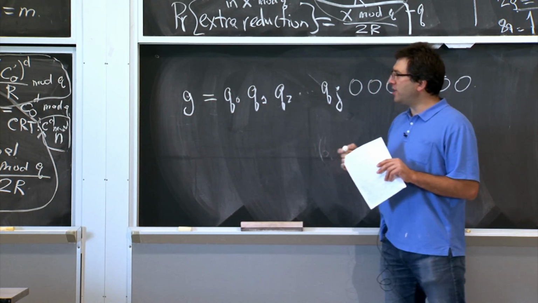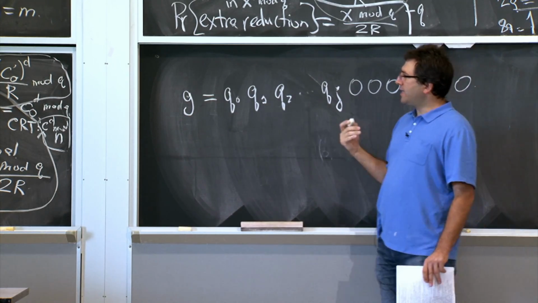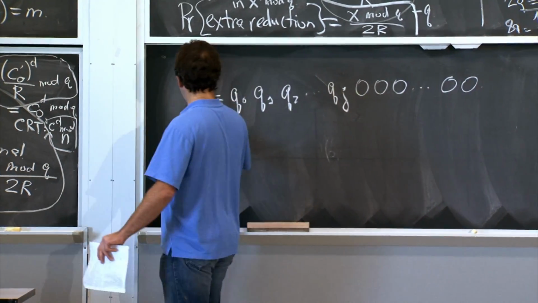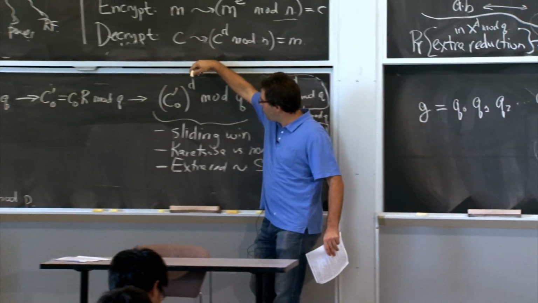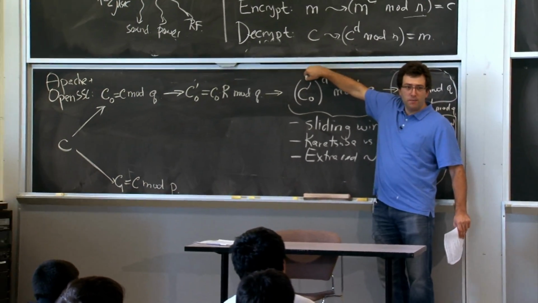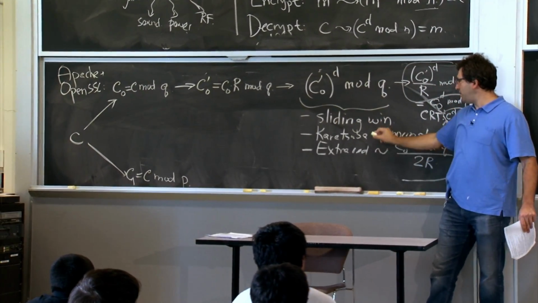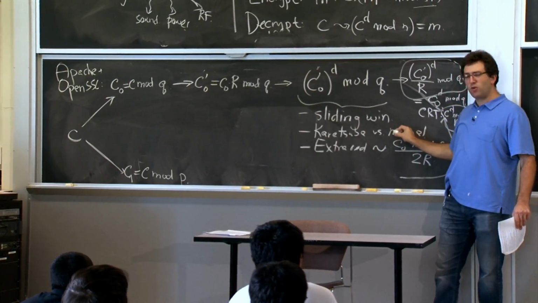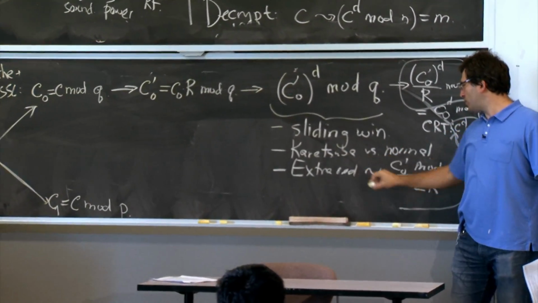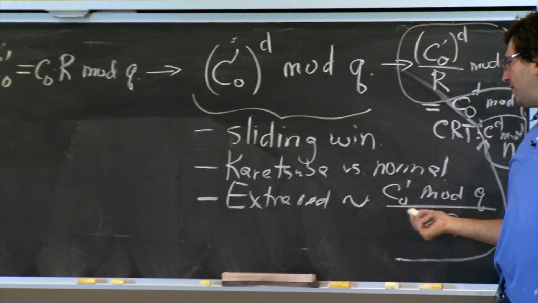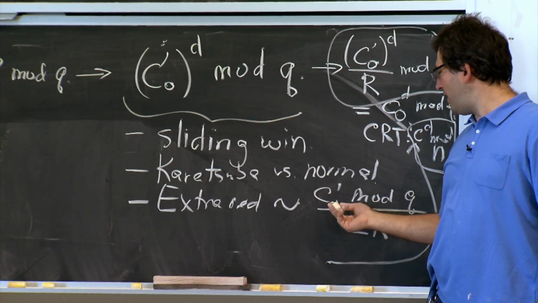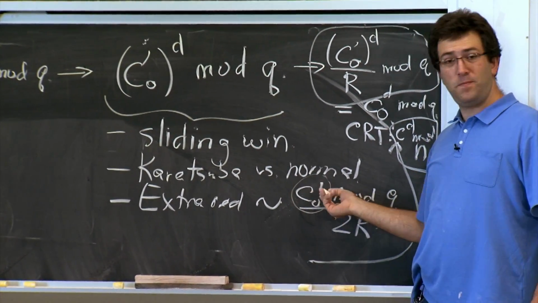So these guys are going to try to get this guess g into this place in the pipeline, because this is where there's two timing effects: this choice of Karatsuba versus normal multiplication, and this different number of extra reductions depending on the value of C0 prime.